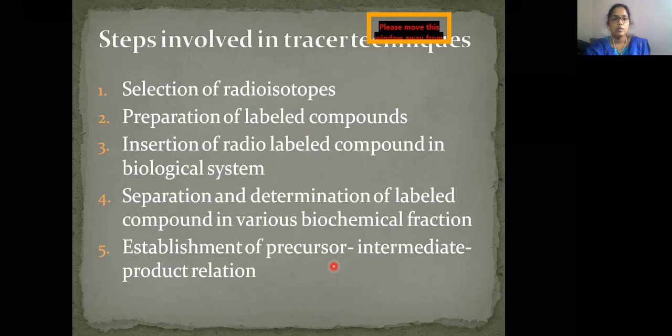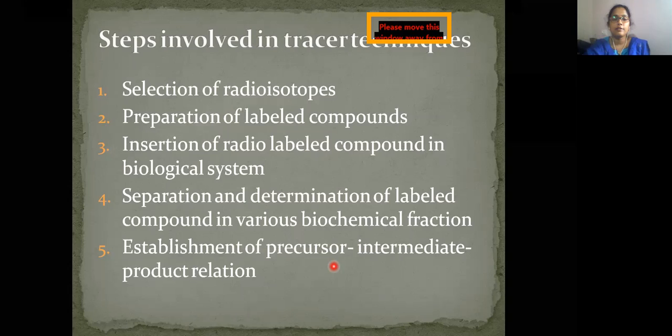If I am using only carbon and hydrogen isotopes, it will be difficult for you to find out how the nitrogen is incorporated, or what reactions are taking place. So you have to think from that angle also and select the radioisotopes.